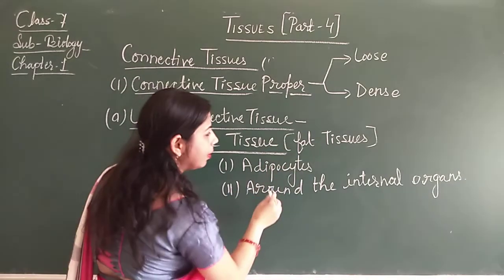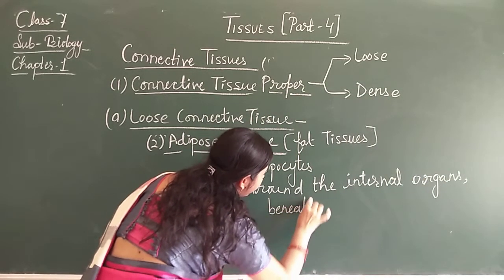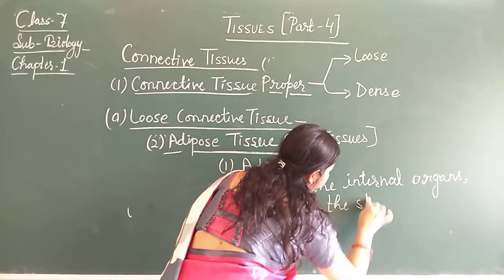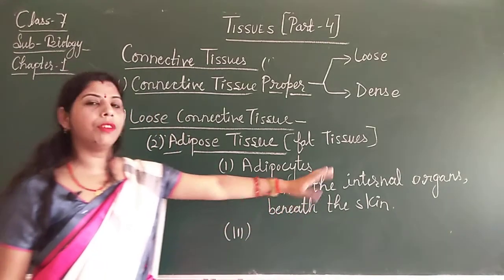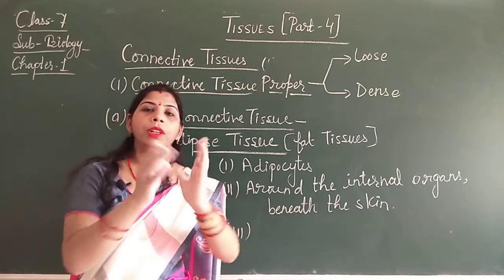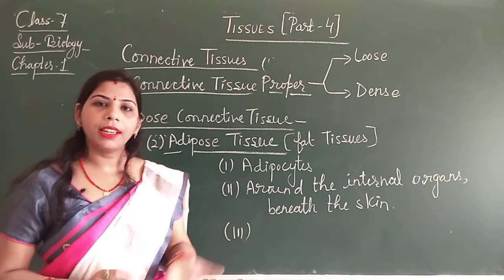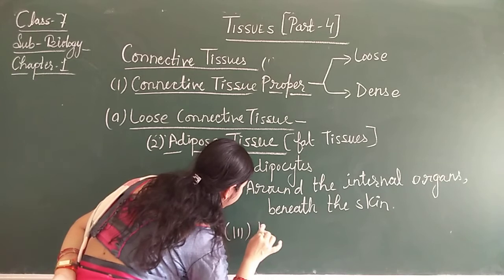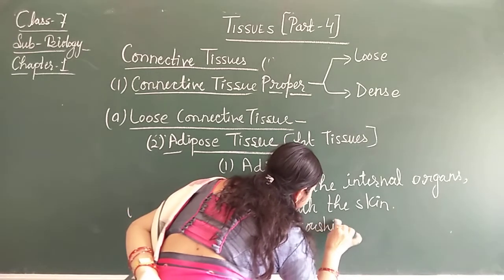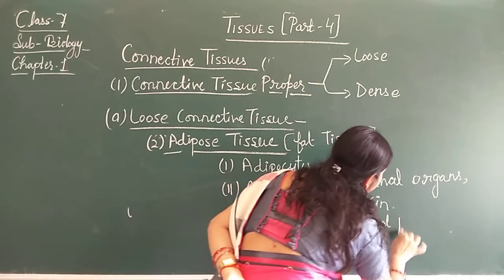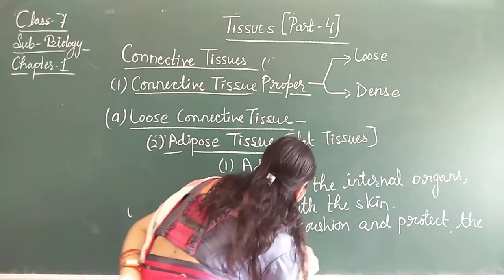Now, the function of this: these tissues form a cushion around the internal organs and protect them from mechanical jerks.